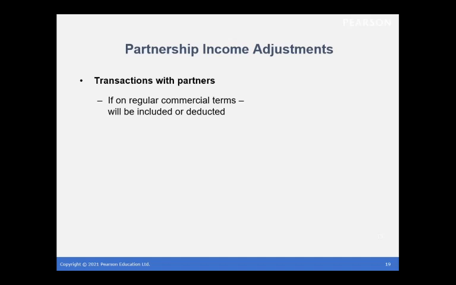So those transactions are fine as long as it's just regular commercial terms. So you happen to have a construction company and that company did work for the partnership that was building an apartment building or something. Fine, as long as it's regular terms of what you would normally do. We don't have to do any adjustments for anything like that.